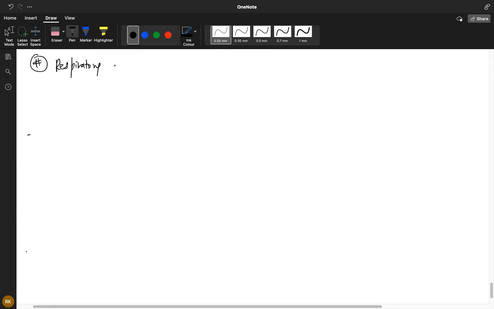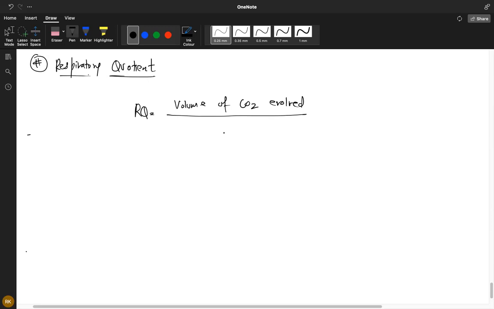Quotient, remainder. So respiratory quotient is the total volume of CO2 which is exhaled or evolved during respiration upon the total volume of O2 consumed.